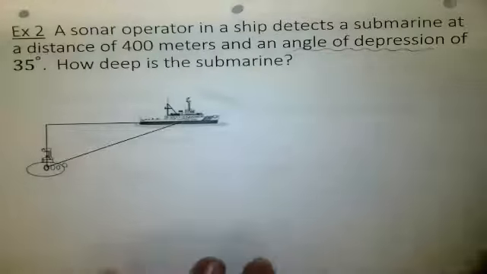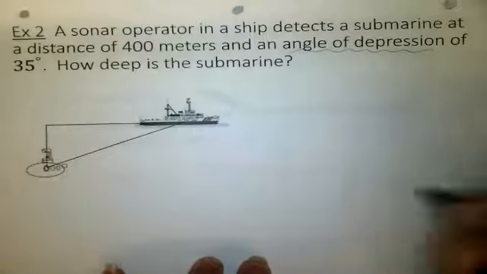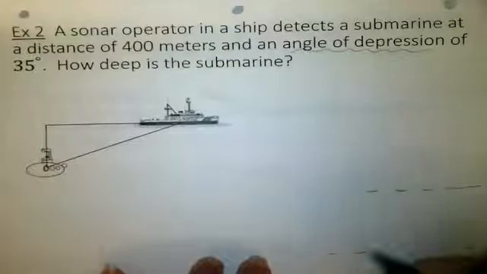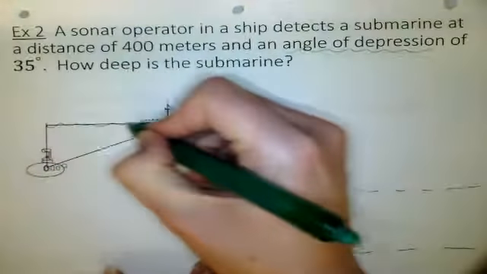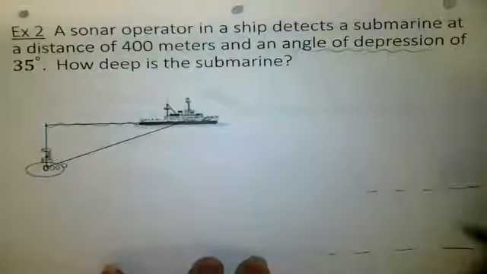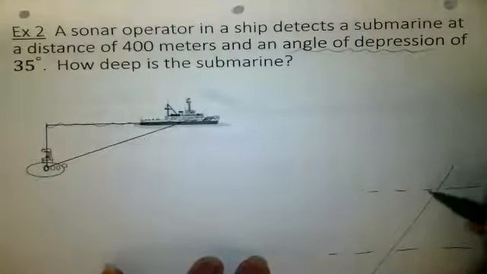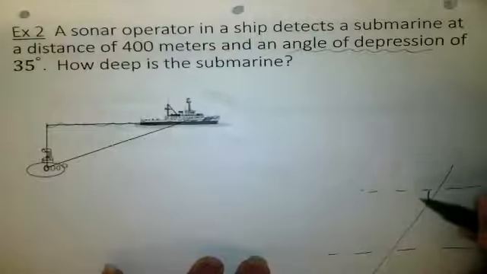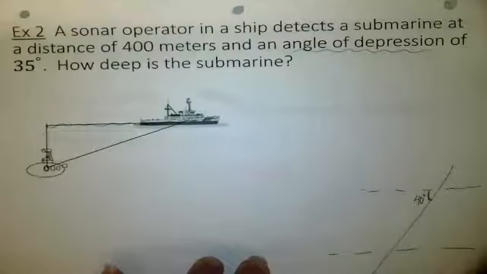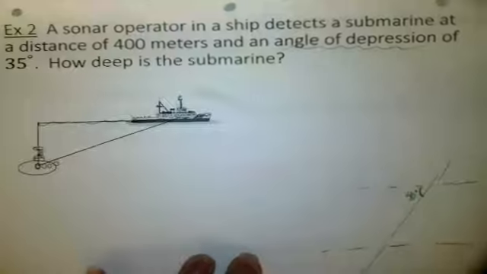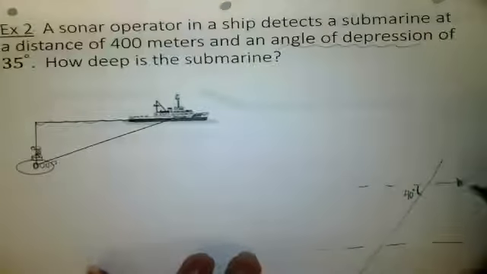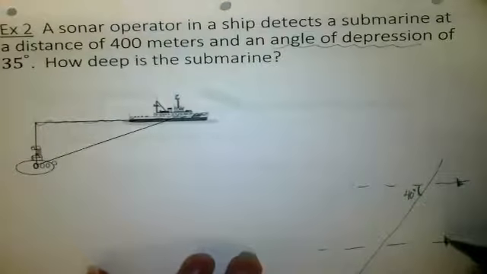And what's important about that is if you have horizontals, like the water here is a nice horizontal, and this line of sight looking down here, this might be an angle of depression of say 40 degrees, then I have parallel lines. So what does that mean when you have parallel lines?